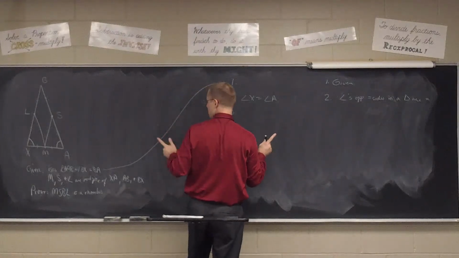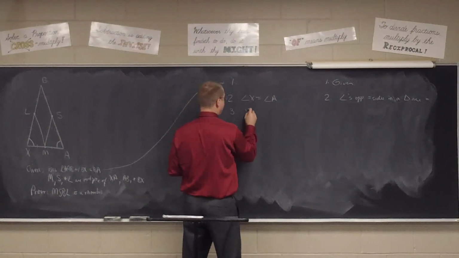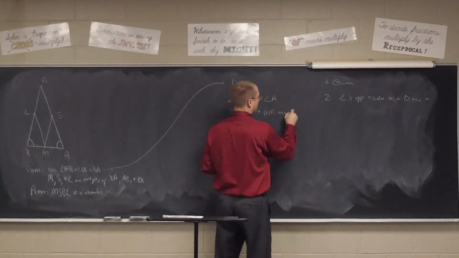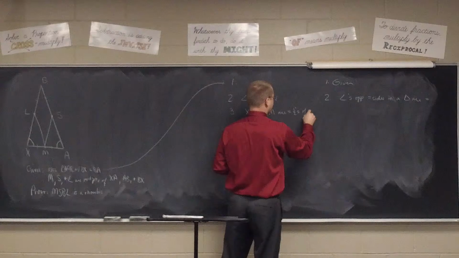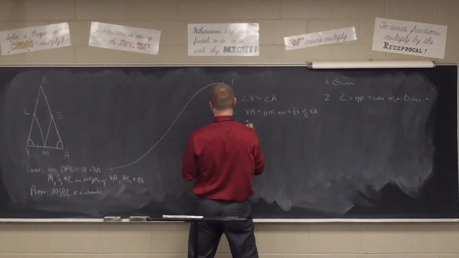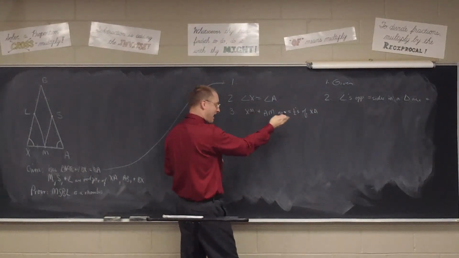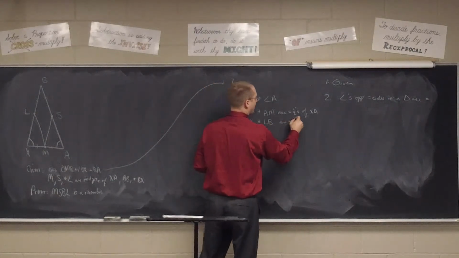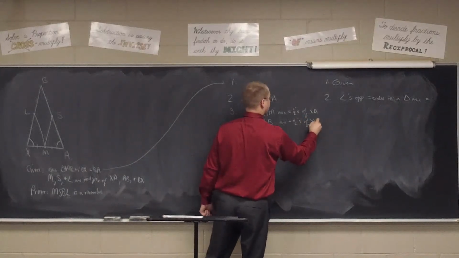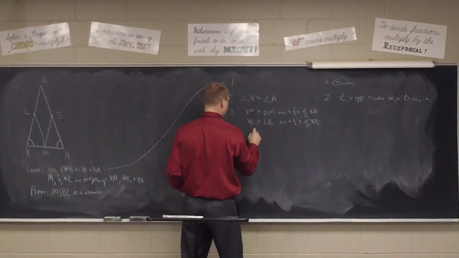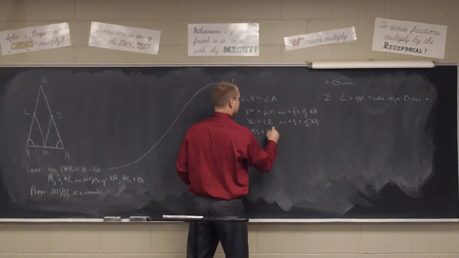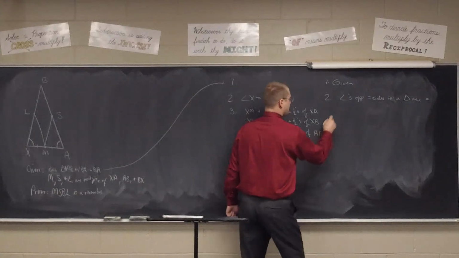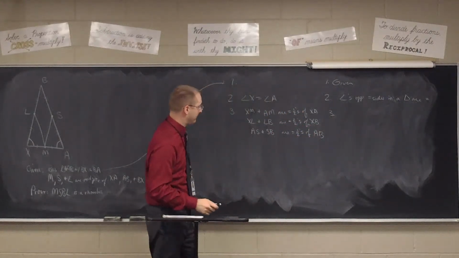I don't think it matters in this proof, but we could say that XM and AM are equal halves of XA. We could say that XL and LB are equal halves of XB, and that AS and SB are equal halves of AB. The reason, Quentin?